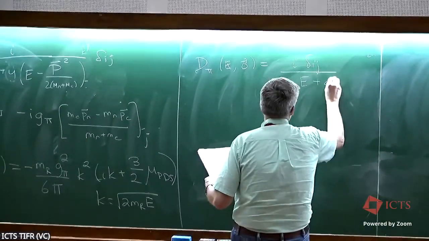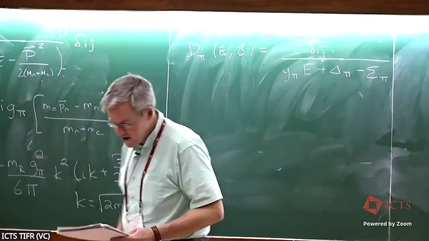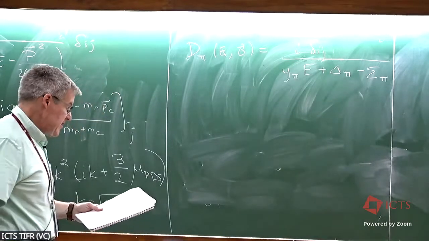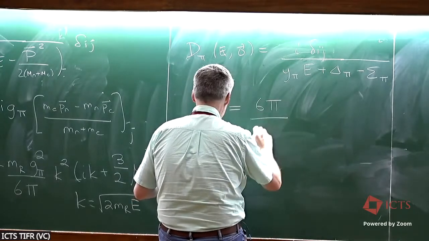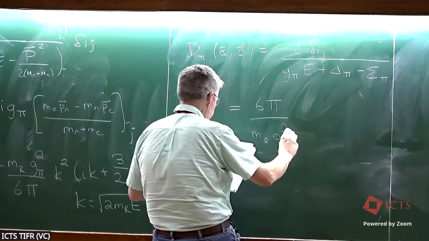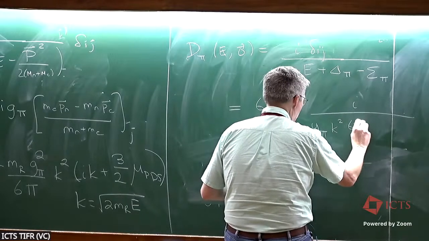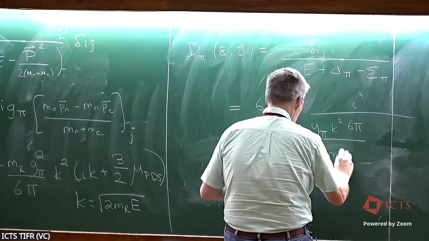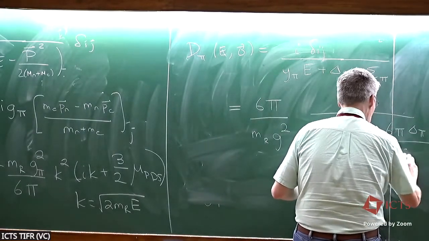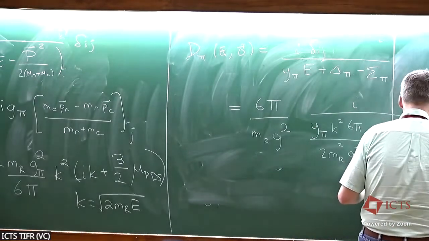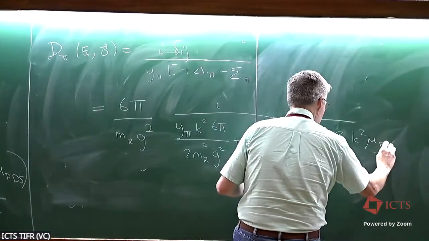And then we're going to have the parameters of the theory minus the self-energy. And writing this with malice aforethought in terms of where I want to go for renormalization, I'm going to write this as this.